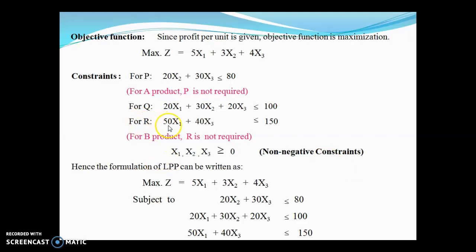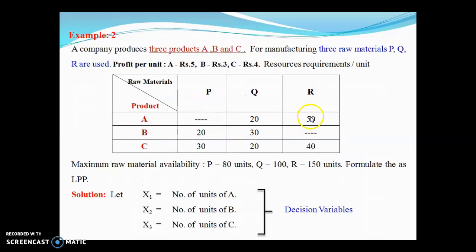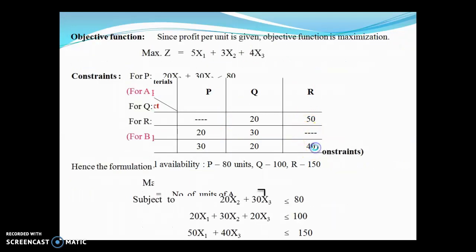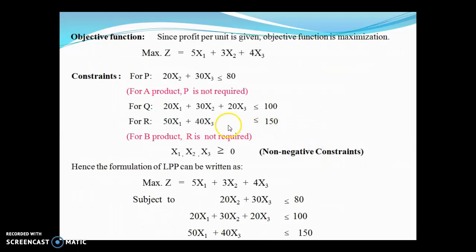Then R: 50x1 plus 40x3 less than or equal to 150. So for product B, R is not required. Okay, x1, x2, x3 always greater than or equal to 0 means this is the non-negative constraint.